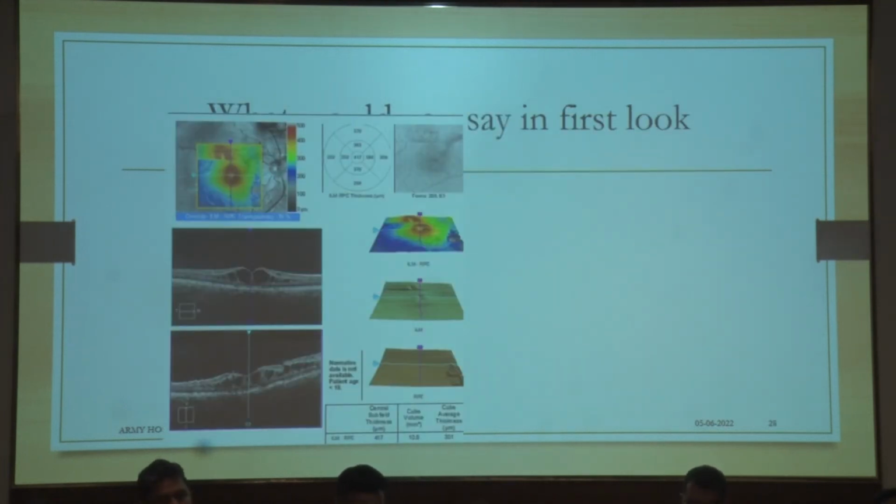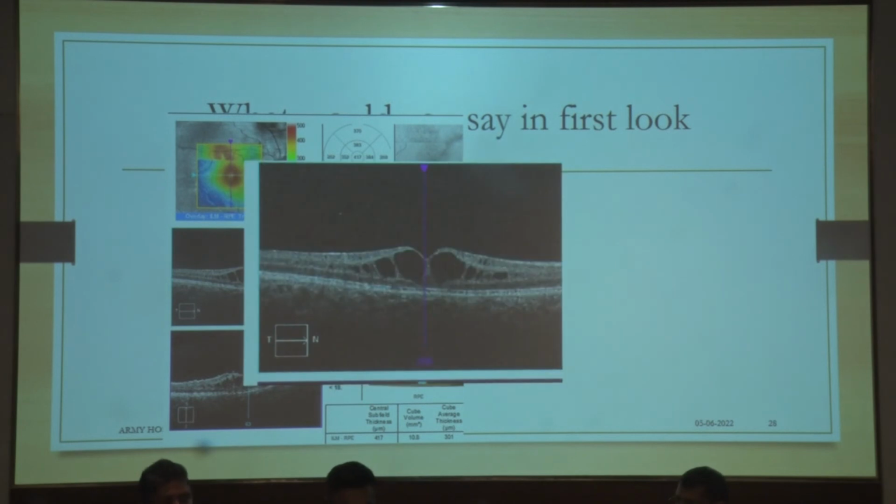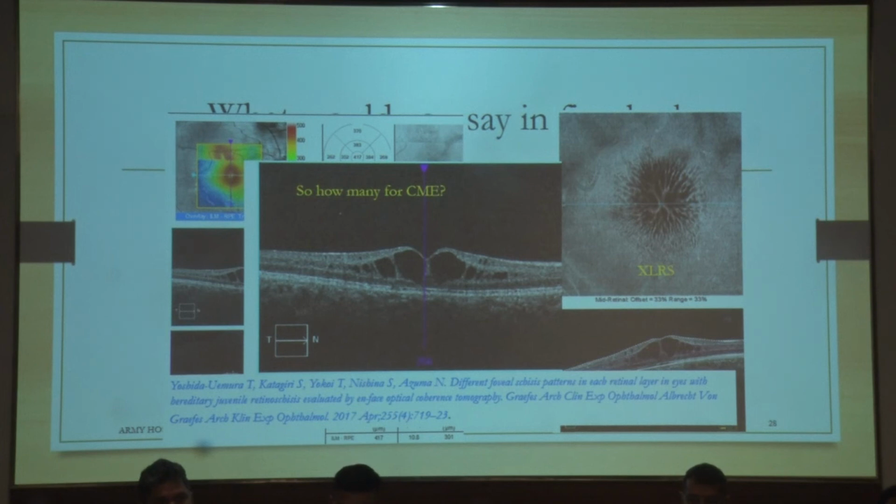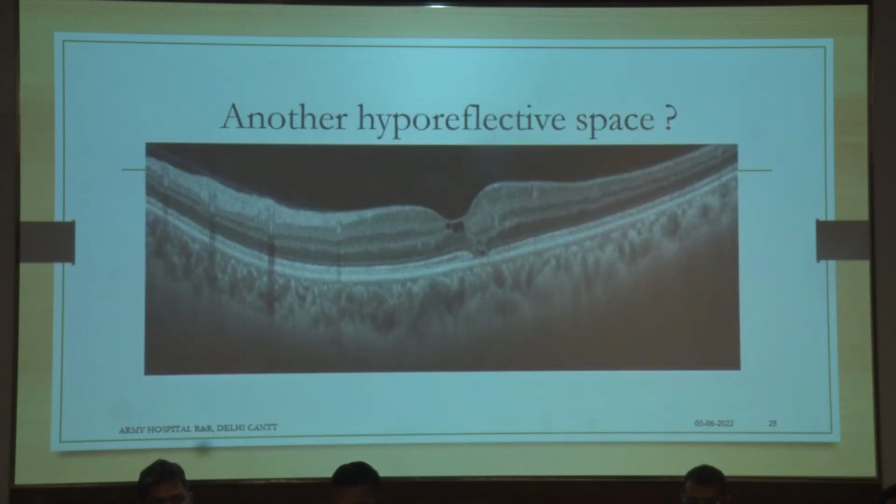But once you do the other investigative modalities, OCT angio, the FAF, then you see, yes, it is a case of foveoschisis, X-linked foveoschisis. Your brain starts thinking in terms of CME, and then you end up landing on a case of foveoschisis.